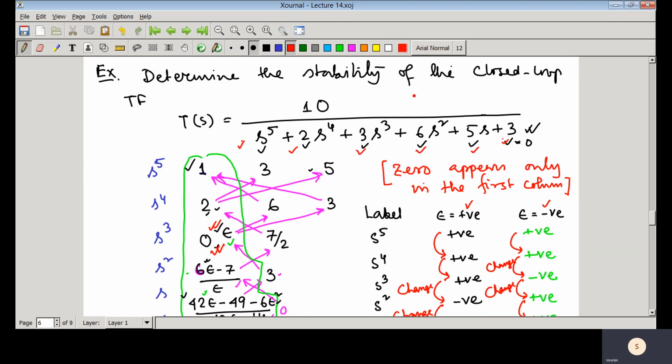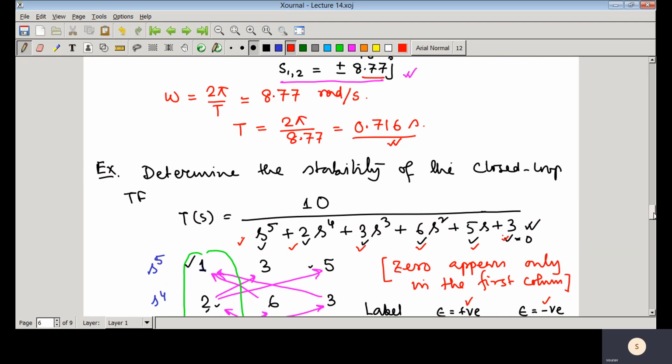If we reverse the coefficients in the polynomial and build the Routh table, sometimes that helps to find how many poles are on the right half or the left half of the S-plane. So let me just summarize what we have discussed.